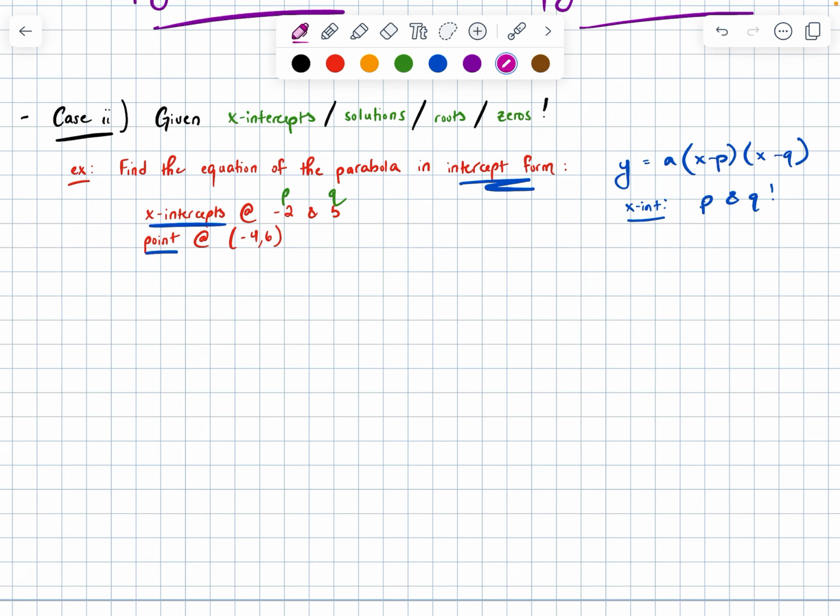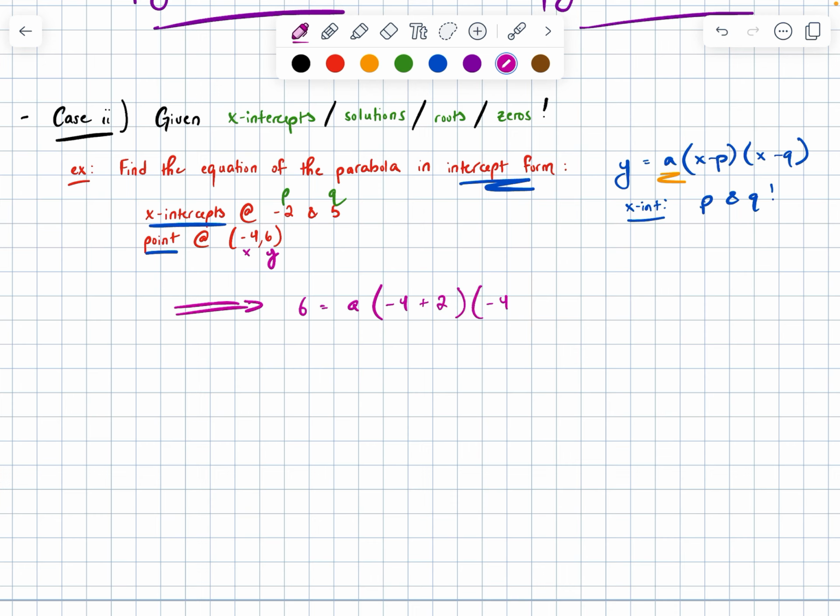Same thing as before, -4 can act like an x for me, 6 can act like a y for me. If I take all of this and slot into place, once again, I should be able to solve for a. So let's do it. I've got 6 for y is equal to a, the thing that I need to find, times x, which we've identified as -4 minus p, so that would be -4 plus 2.